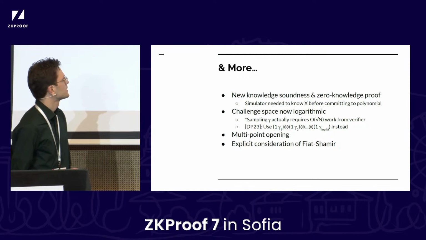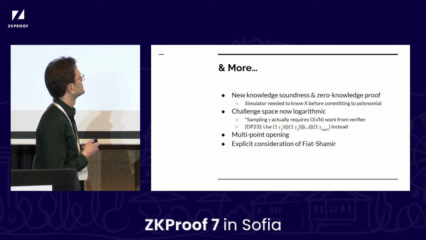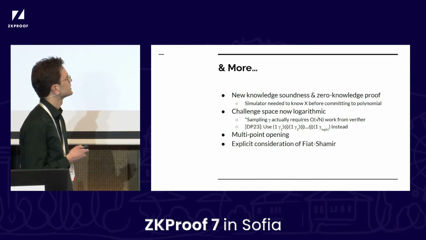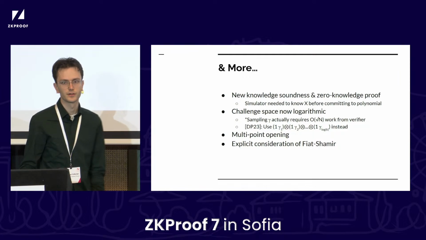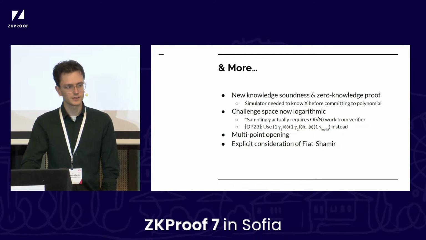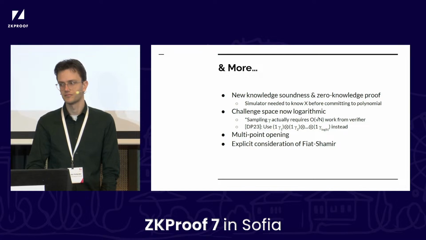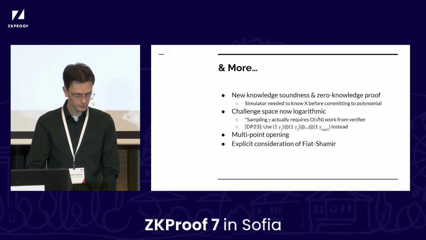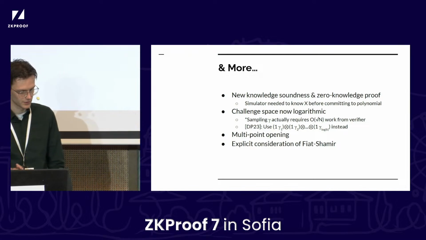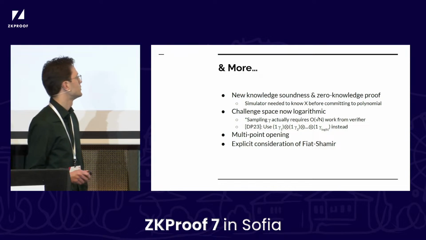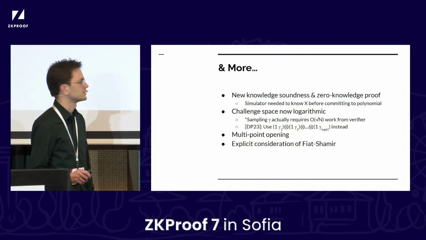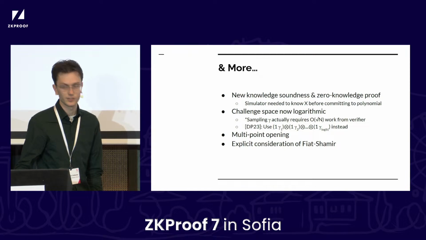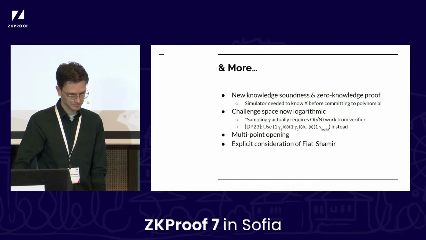Instead, there is this work from Diamond and Posen, which uses a tensor product for the verifier randomness. We incorporate this, which means that the verifier is now actually logarithmic. We also consider multi-point openings, and we also have a consideration of field size in the paper.